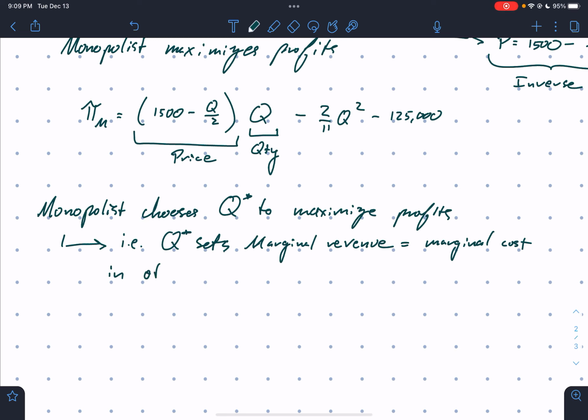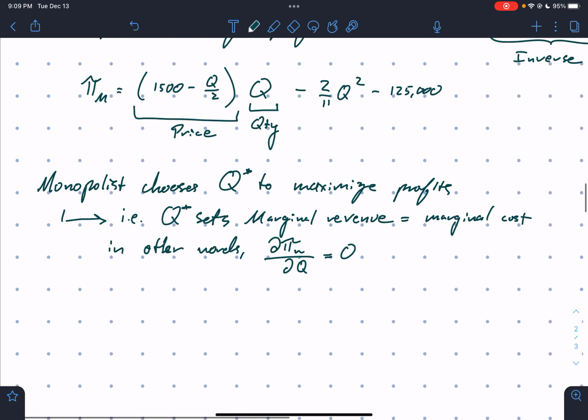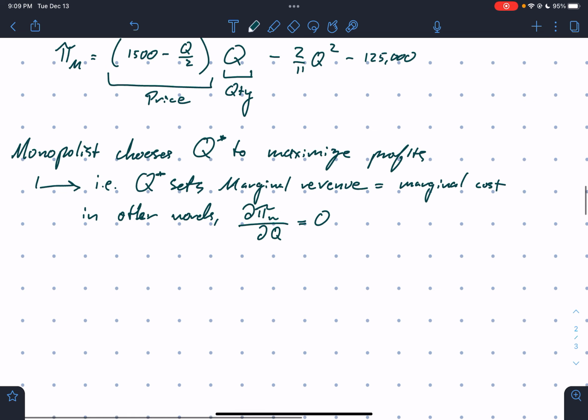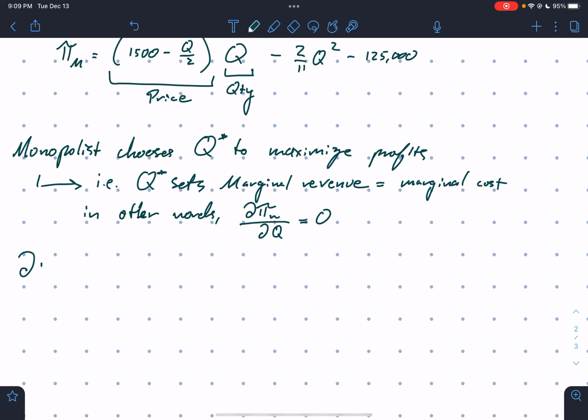In other words, they want to set the derivative of profits with respect to Q equal to 0. So what I'm going to do is take the derivative with respect to Q, and I'm going to set that equal to 0.